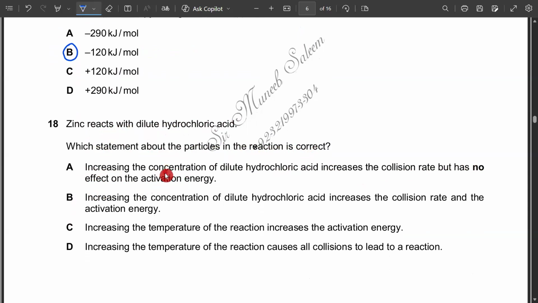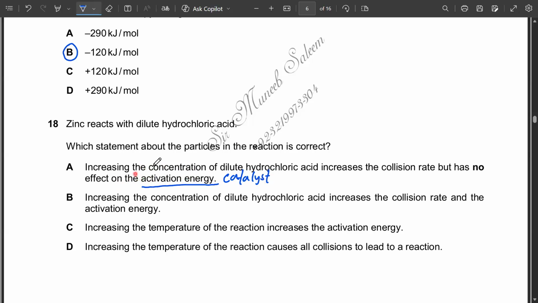So we know that it is the catalyst which is affecting the activation energy. Activation energy is affected by the use of the catalyst. Neither the concentration nor the temperature affects the value of the activation energy.